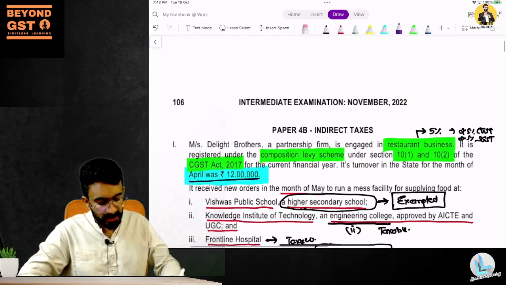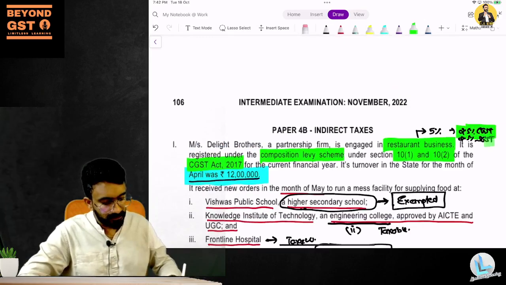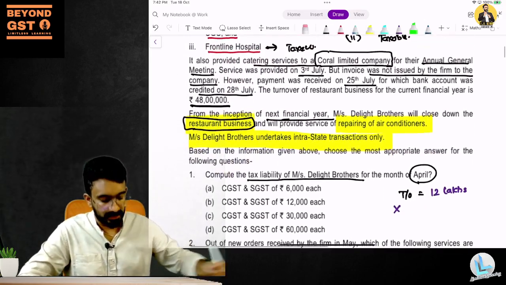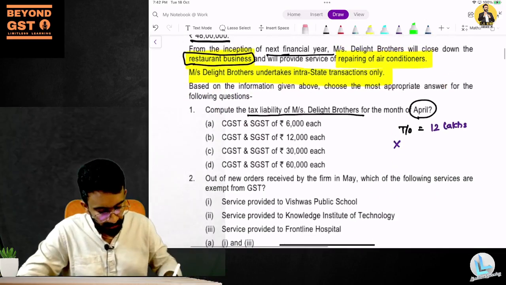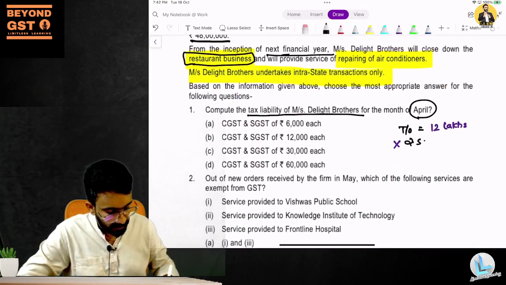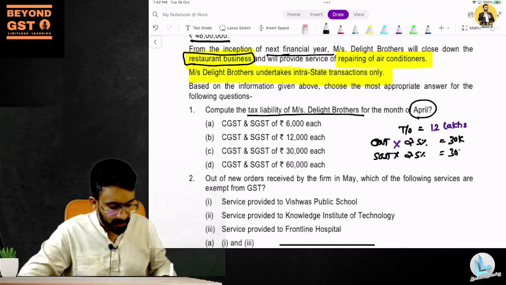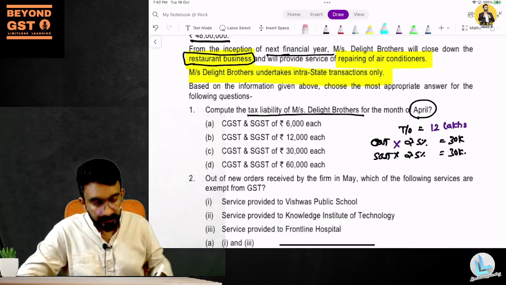How much is CGST? 2.5%. Okay, so you tell me what is 2.5% of 12 lakhs? It will be 30,000. SGST also will be 2.5%, which is 30,000. So which option is correct?